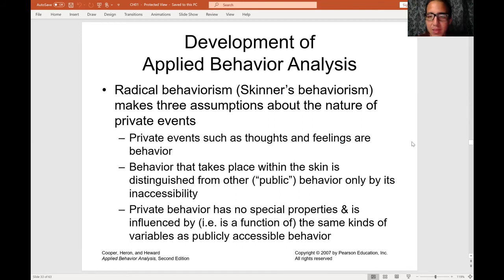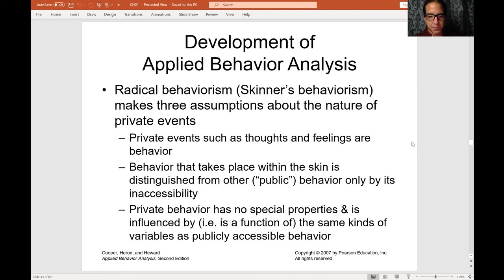Radical behaviorism, Skinner's behaviorism, makes three assumptions about the nature of private events. These are the main assumptions and tenets, per se, of this. So private events, such as thoughts and feelings, are behavior. The behavior that takes place within the skin is distinguished from other public behavior only by its inaccessibility, right? And the private behavior has no special properties and is influenced by the same kinds of variables as publicly accessible behavior.